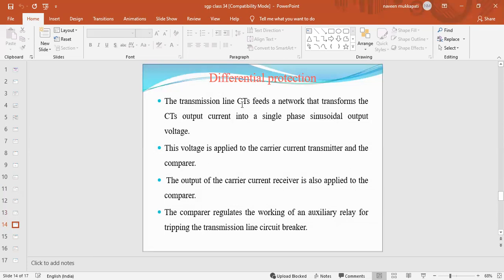The output of the receivers is applied to the comparator also. Therefore the comparator regulates the auxiliary relay for tripping the transmission line circuit breaker.